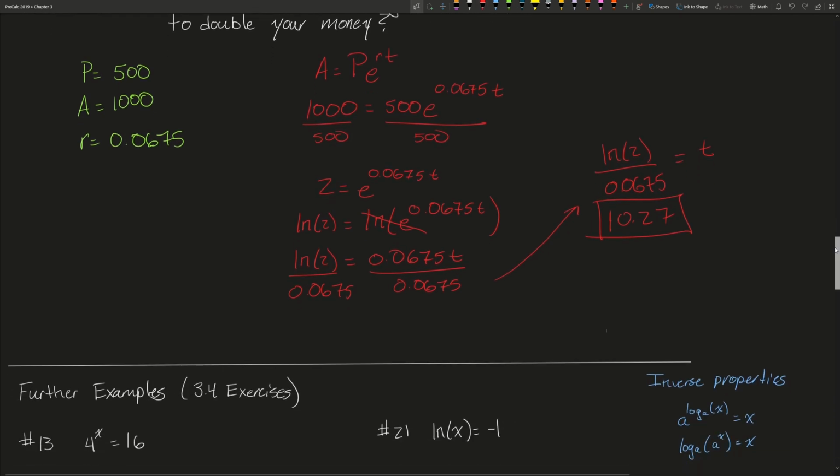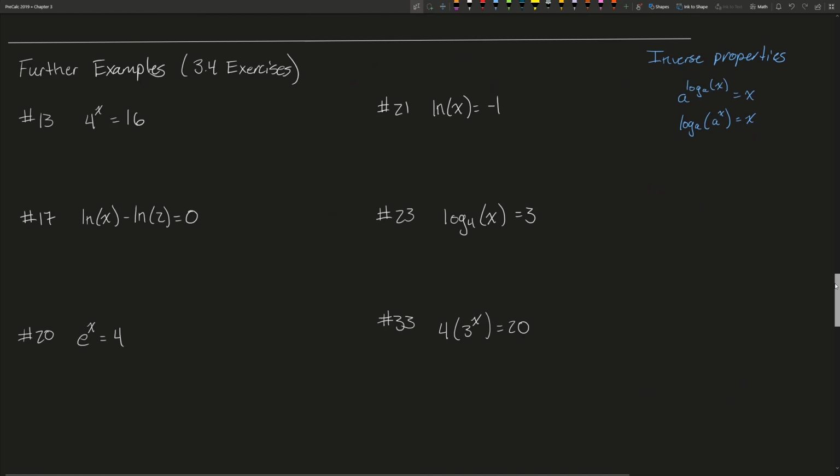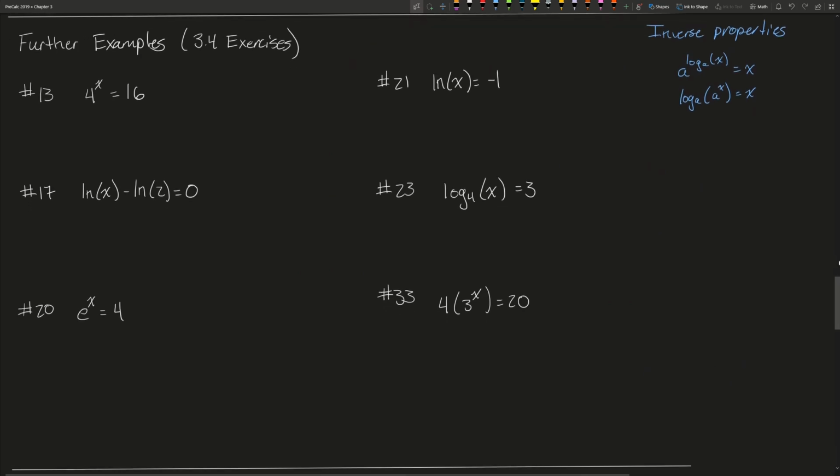So before we finish, I would like to do a couple of examples just to reinforce some of these things. These are all found in the exercise section of 3.4, and I'll just start with number 13. So 4 to the power of x is equal to 16. We have solved this before in class by using the one-to-one property.